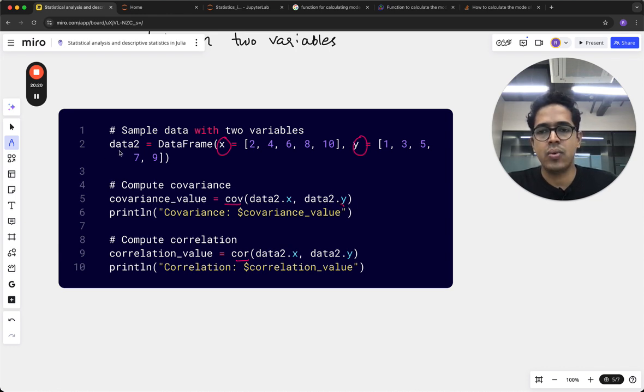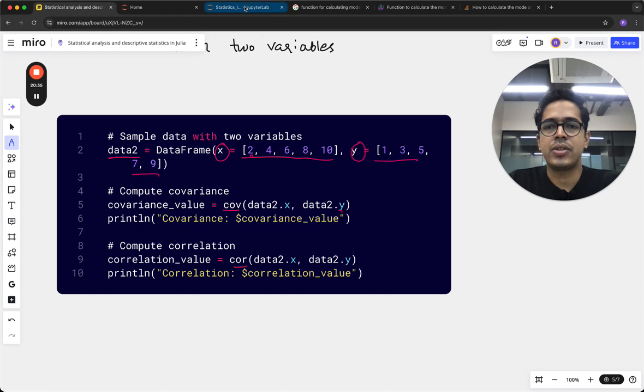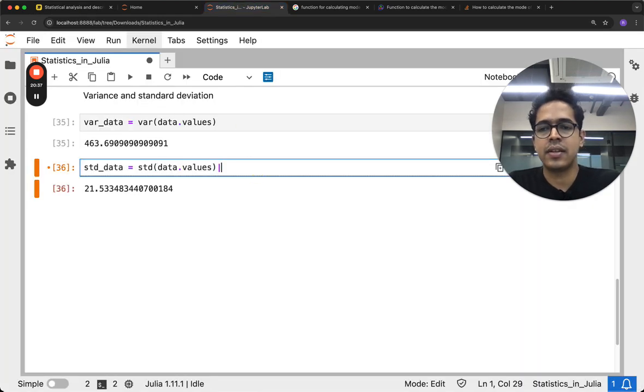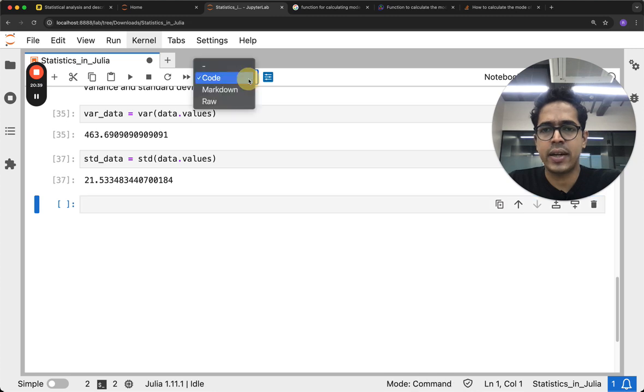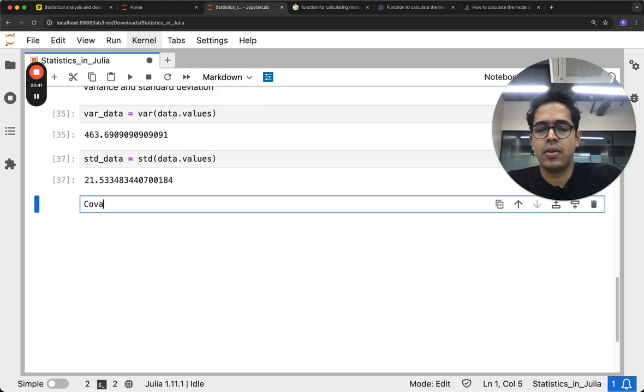So what is data 2? Data 2 is this variable in which this whole data frame is stored, and data 2.x means this entire set of numbers. Data 2.y is this entire set of numbers, and here we are calculating the covariance and correlation. And I just want to first show you this with an actual data set and actual code. So let me write the markdown: covariance and correlation.